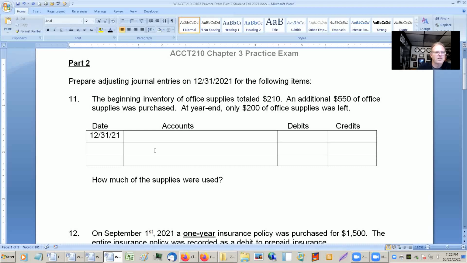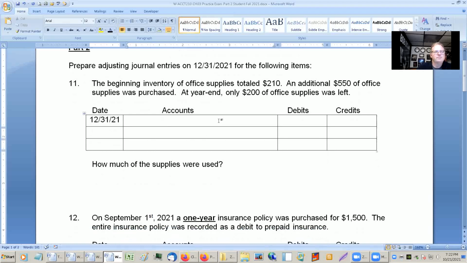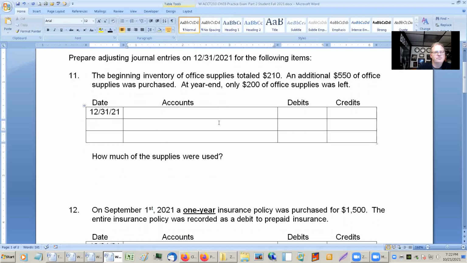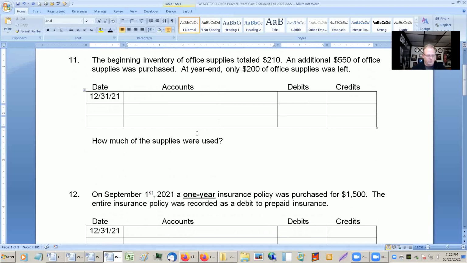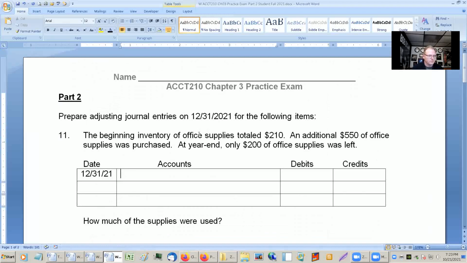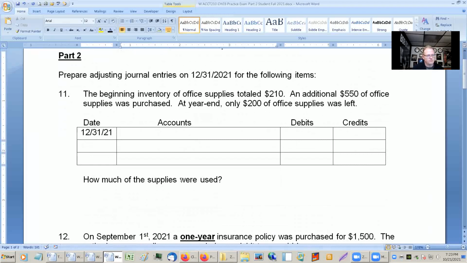Okay. They used beginning was 210, and they added 550, so 760, and we took, so 560, they used 560.